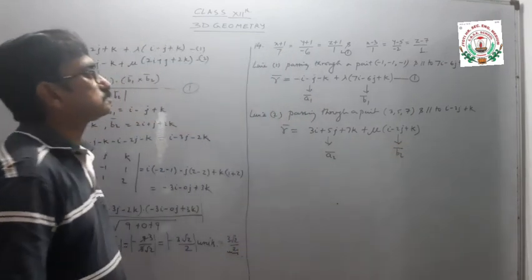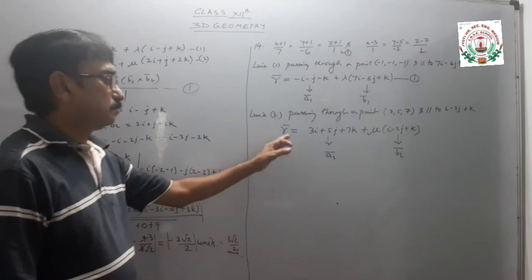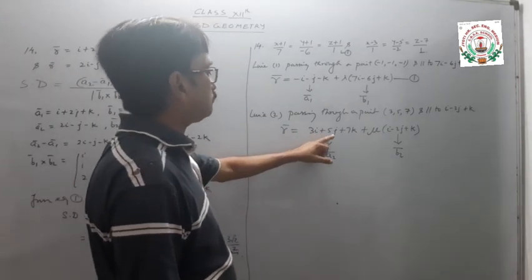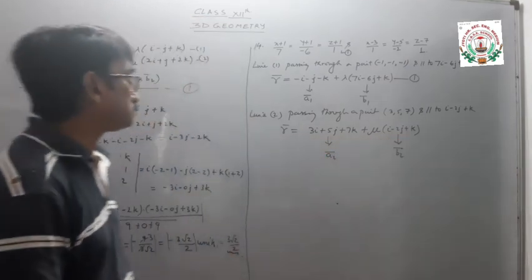So a1 vector is minus I minus j minus k, b1 vector is 7I minus 6j plus k, a2 vector is 3I plus 5j plus 7k, and b2 vector is I minus 2j plus k.